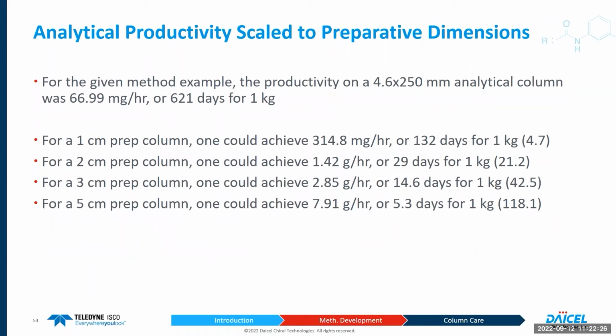For the sake of math, if we just scale back to what it looks like under the LC conditions, if we take the productivity calculation on analytical scale, which was 67 mg per hour, if we wanted to try to separate a kilo of material, we'd be closing in on 2 years to do that with stacked injections. Of course, if we go to a 1 cm column, we scale everything by 4.7, you're down to 132 days, which is certainly an improvement.